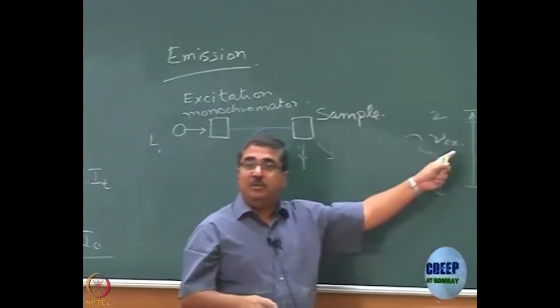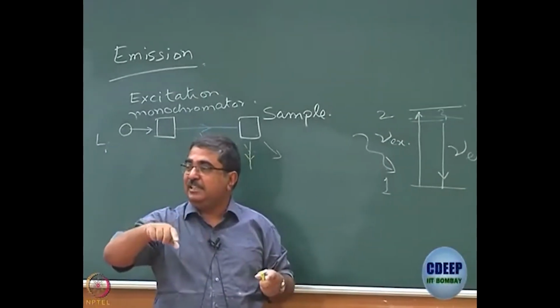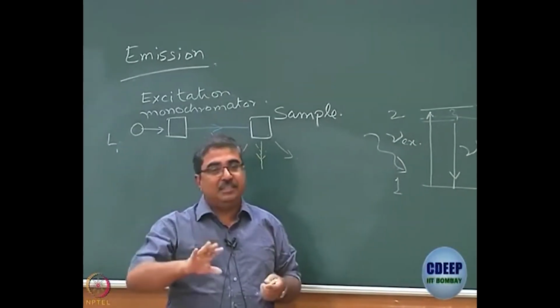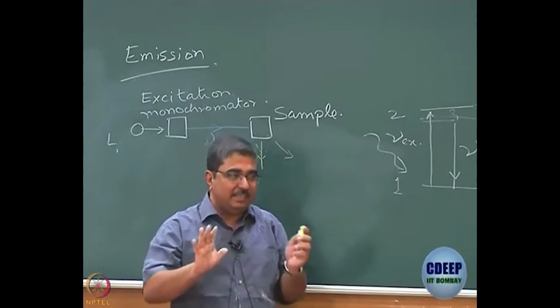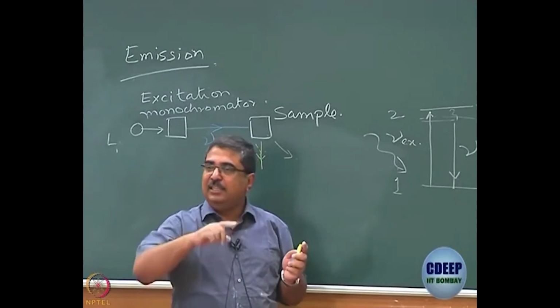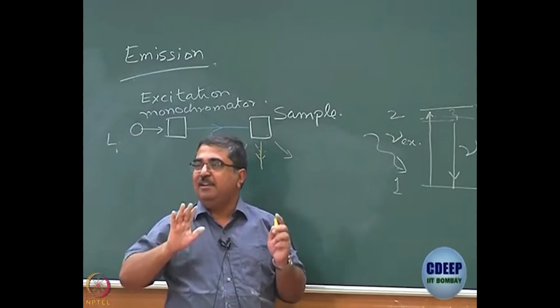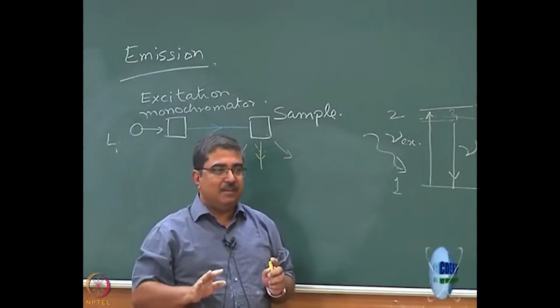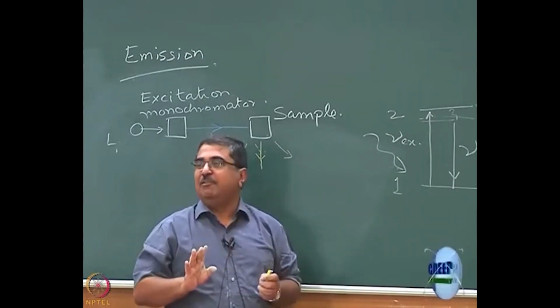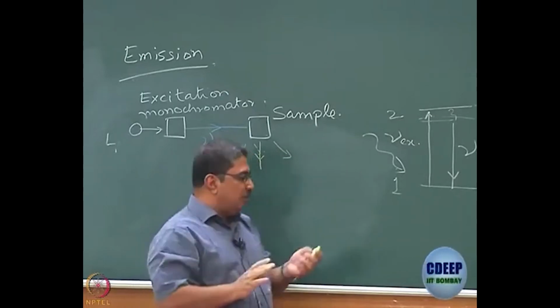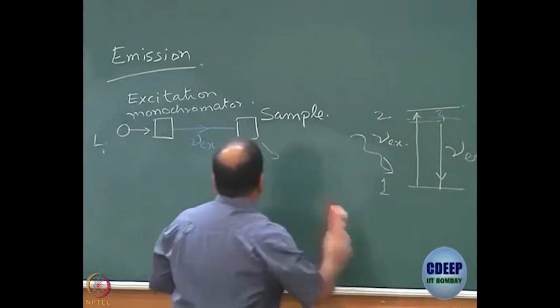Usually this emission is not monochromatic, emission is also polychromatic. It is not white, but usually the emission has bands. There are several energy levels that can be involved in the emission process. From there I have to choose the frequency that I want to work with.